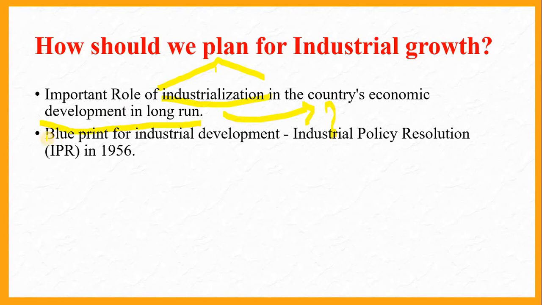So we came up with a plan that is called blueprint. So what was the plan in the year 1956? Our economists or statisticians came up with a plan which was adopted, which was agreed, which was decided by the then politicians, which was actually named as Industrial Policy Resolution in the year 1956.